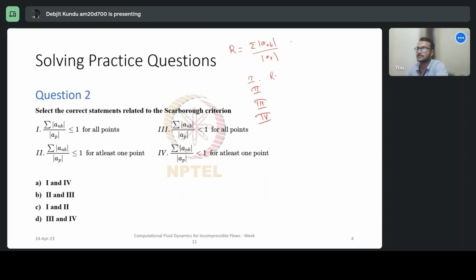That is, R less than or equal to 1 for all points, R less than or equal to 1 for at least 1 point.